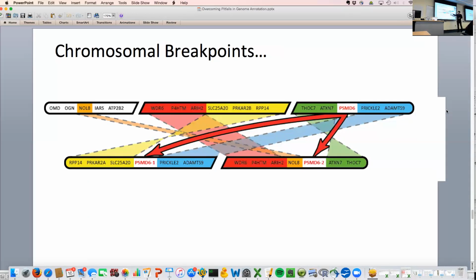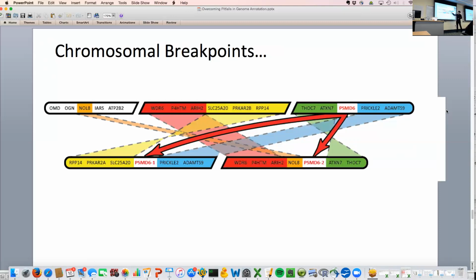If you compare here, you find two PSMD6s. And so which one is the ortholog? And it turns out because of the duplicate, they're both kind of the ortholog. You can't establish clear orthology. It's one-to-many orthology is what you'd call this.